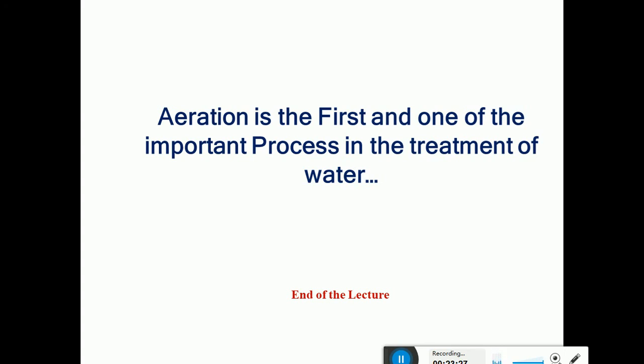It is also done to remove the bad odor causing gases like H2S and carbon dioxide, and it stabilizes iron and manganese. It also removes carbon dioxide, and it improves the taste of the water by mixing fresh atmospheric oxygen into the water. So these are the objectives, the process and types of aerators.